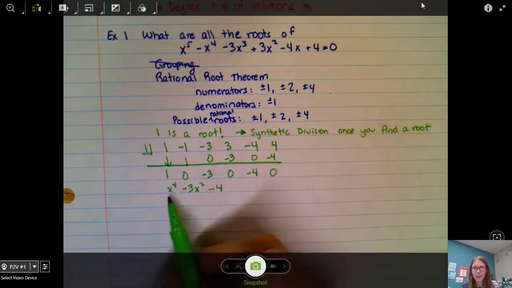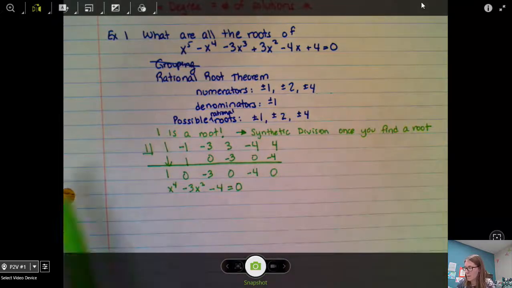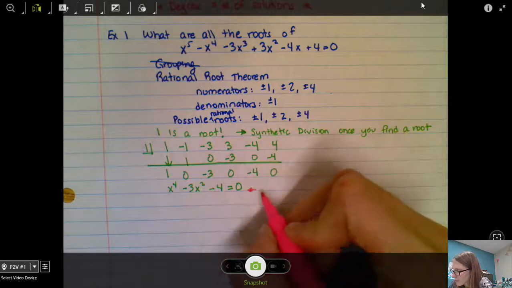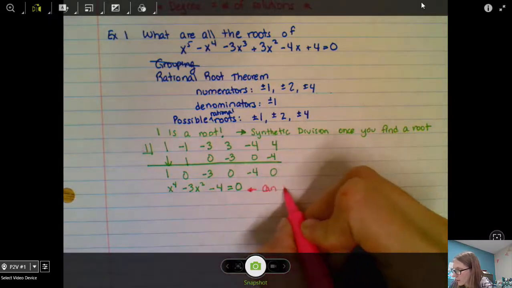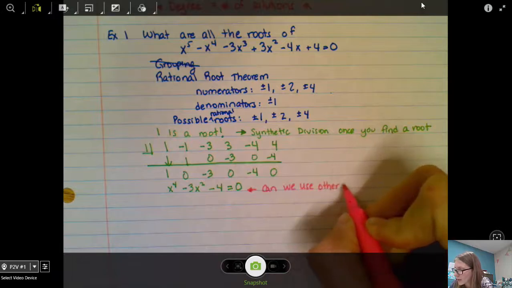And I need to find when on earth this is going to equal 0. So let's think for a second. Can we use other factoring strategies?